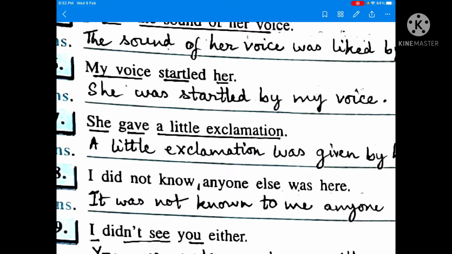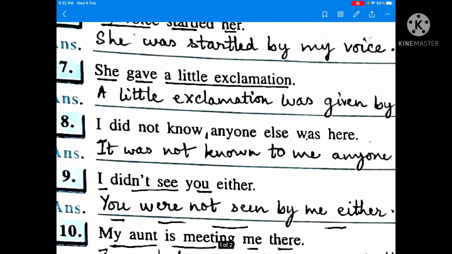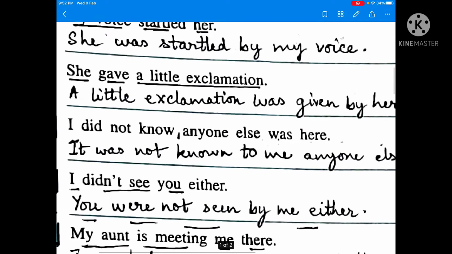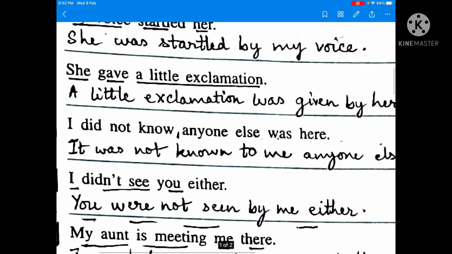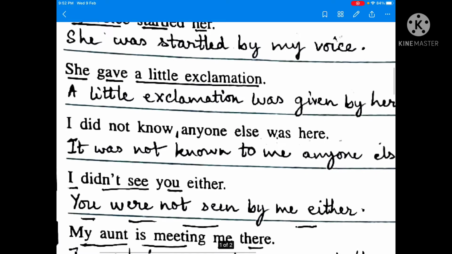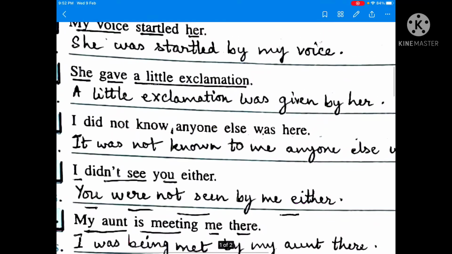By my voice, the subject becomes the agent in the passive voice. She gave a little exclamation. She, subject, gave, verb, a little exclamation, object. A little exclamation becomes the subject in the passive voice. A little exclamation was given by her.